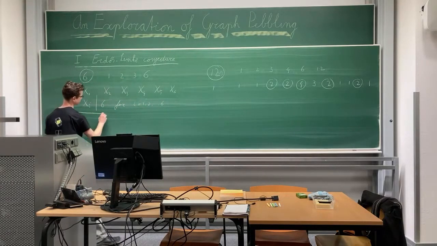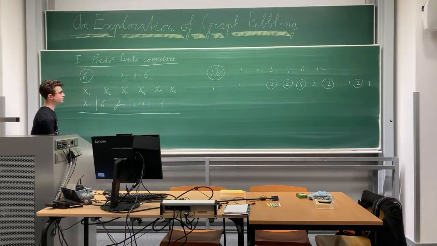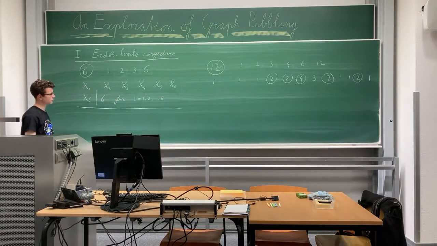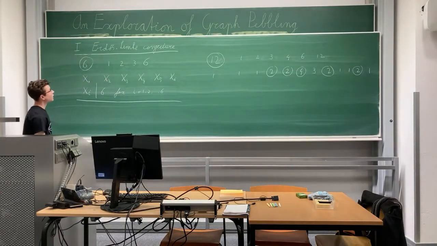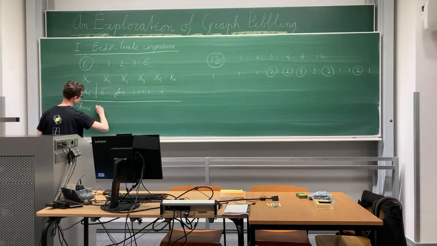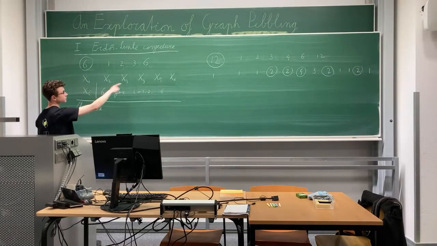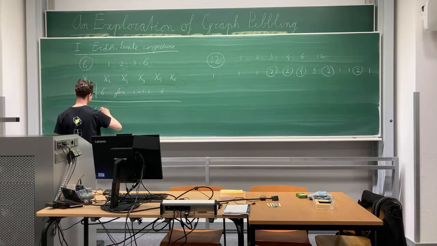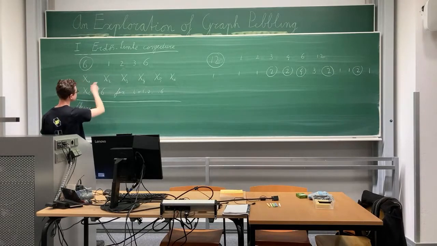And then, if we have that, according to the conjecture, there must exist a sublist that sums to 6. So we're going to do that using these positions.